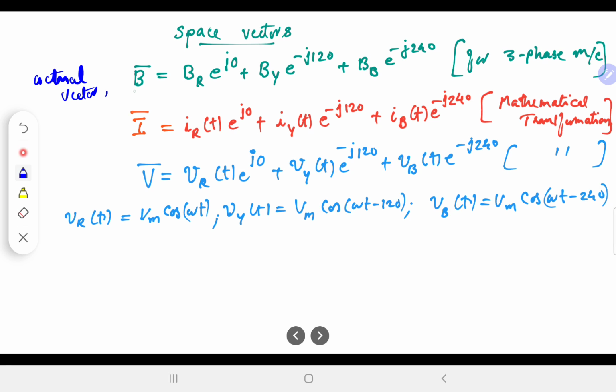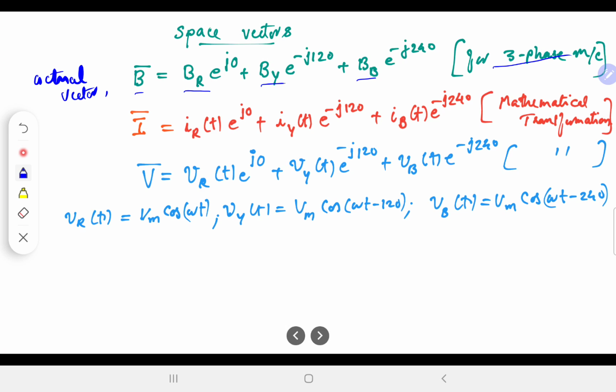So we have B bar, the vector notation, which is equal to the R phase B, then the Y phase B, and B phase B, which is the three-phase quantity. It's a three-phase vector which physically rotates in space.